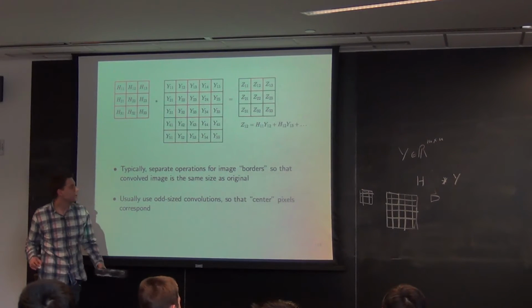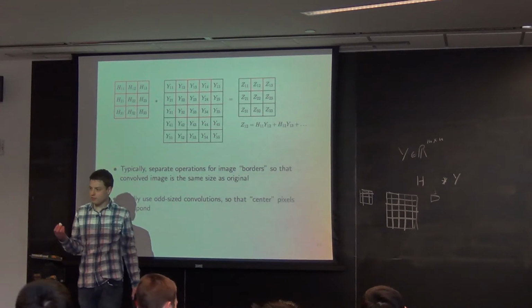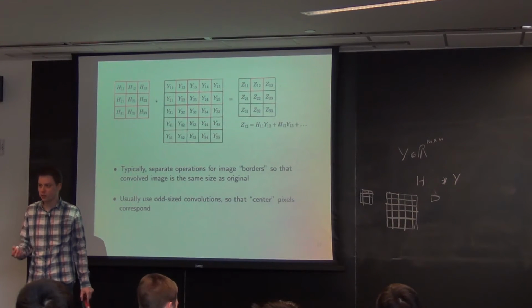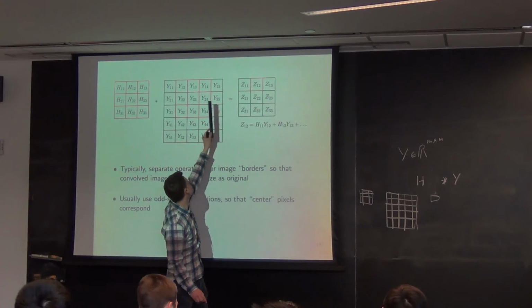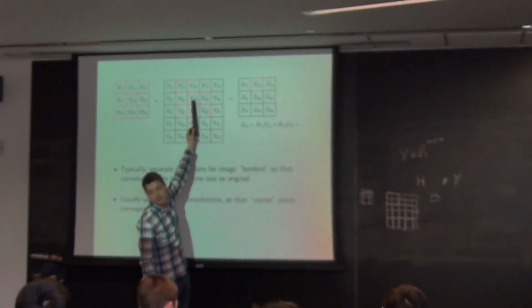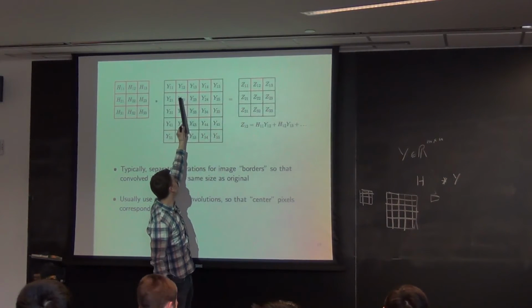Because if they're even, then there isn't really any pixel at the center of the convolution, right? This pixel here, in some sense, corresponds to this pixel here, because this is the center of the convolution. Similarly, this one here will correspond to this one here.